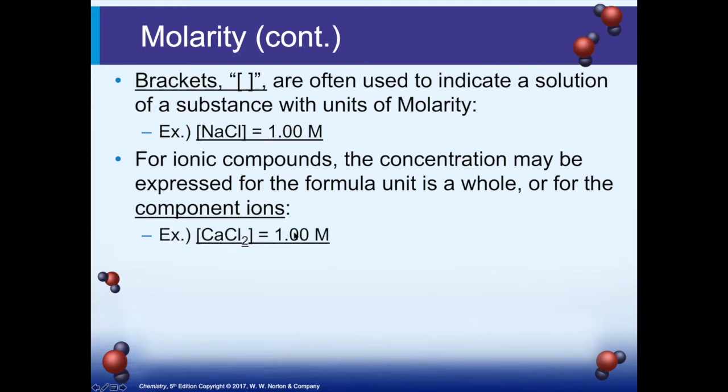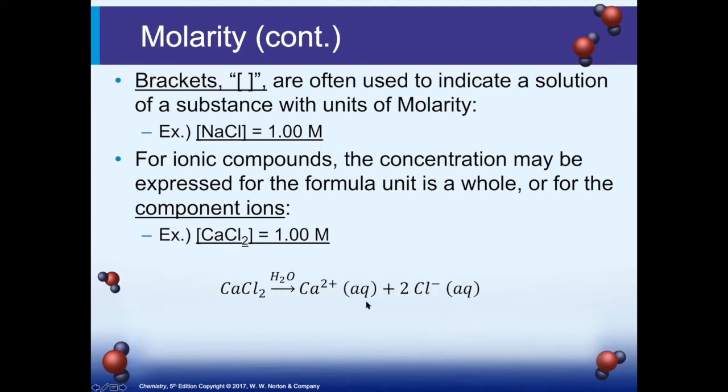So you could say that I have a 1 molar solution of calcium chloride, but remember that within calcium chloride, I've got 2 chloride ions, okay? Because when you dissolve calcium chloride in water, you get the calcium plus 2 ion, but then you get 2 chloride ions.